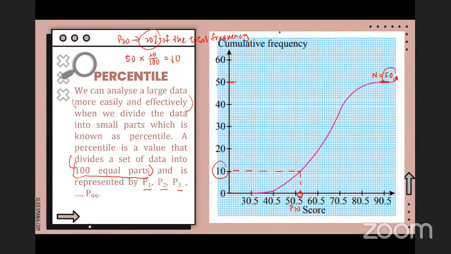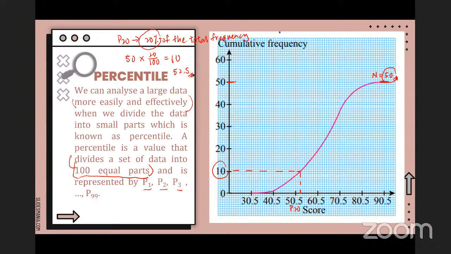So for this question, what is the P20? The P20 over here should be 52.5. All right. So the same goes with the others.